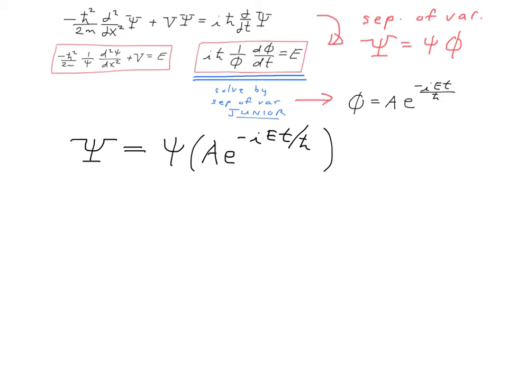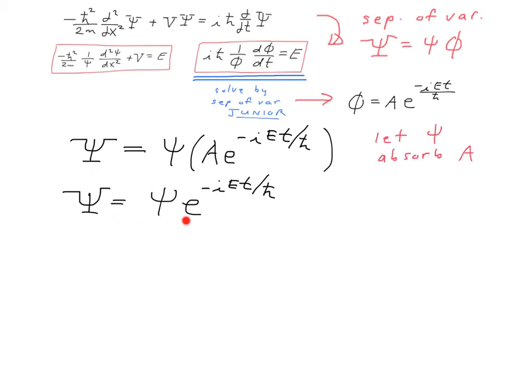What we're going to do is take this constant a and put it in with the spatial part of the state function. And so we're going to let the spatial part of the state function carry all the burden of normalization, so to speak. So by letting the spatial part of the state function absorb this a, and then ultimately requiring that this overall state function be normalized, we can just write this more simply, and it leaves us with this expression here.